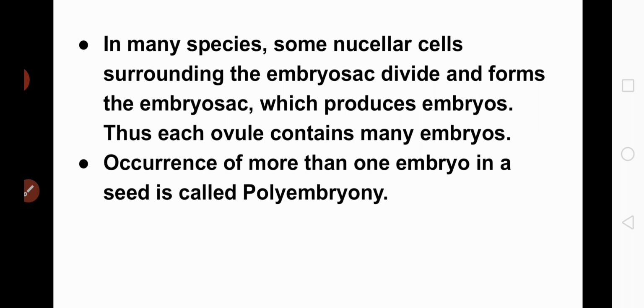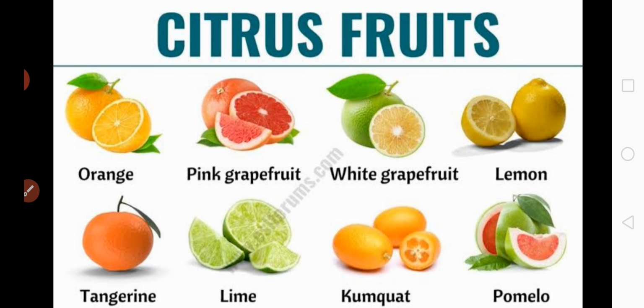This occurrence of more than one embryo in a seed is called polyembryony. So apomixis is the production of seeds without fertilization, whereas polyembryony is the occurrence of more than one embryo in a seed. Examples for polyembryony are many citrus fruits.